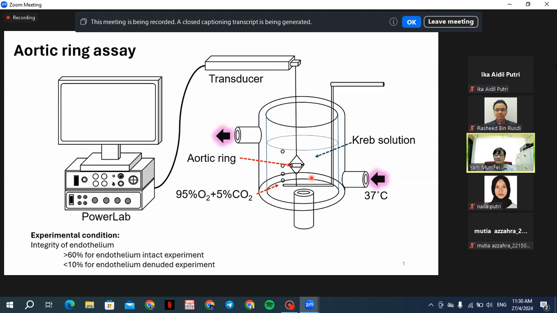You incubate with L-NAME, then you pipette your study material, like an extract or whatever you want to study. Then you compare the activity with L-NAME and without L-NAME. So you're able to differentiate whether they undergo this pathway or not. If the difference is significant with and without L-NAME, then you can consider they follow this nitric oxide pathway.